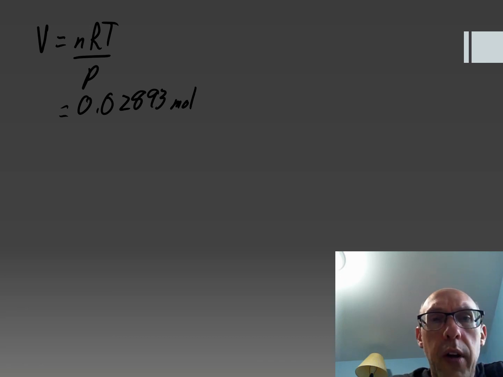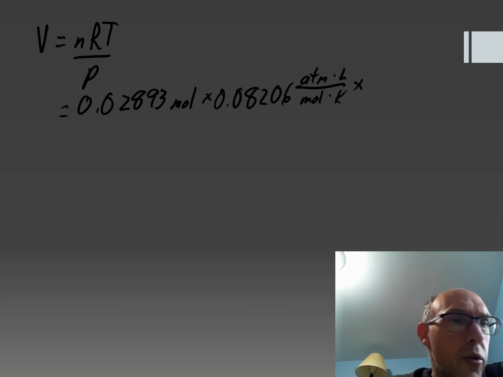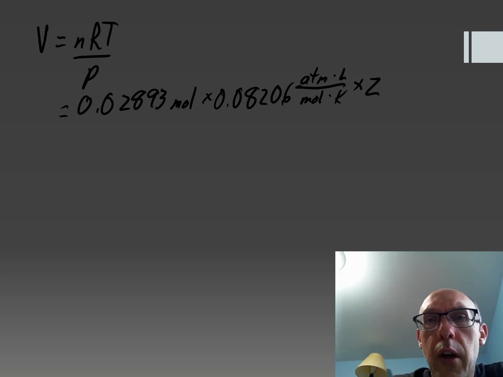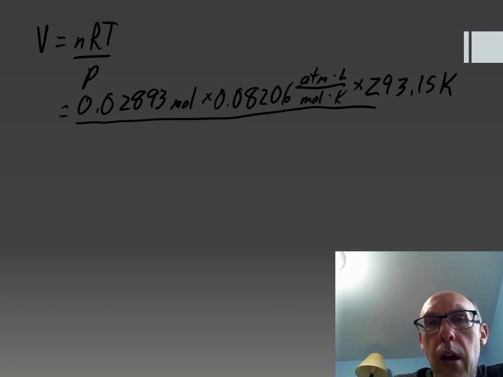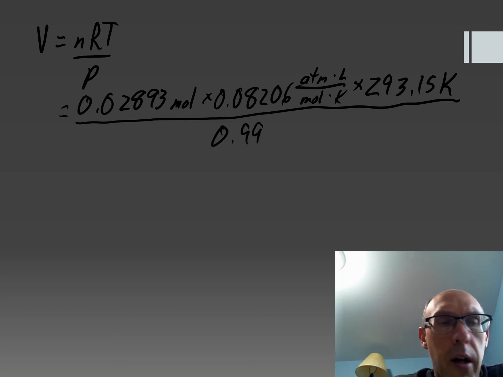Again, I chose to work in atmospheres, so it's 0.08206 atmospheres liters per mole Kelvin. The temperature this time around was 293.15 Kelvin. And the pressure this time around was 0.9934 atmospheres.